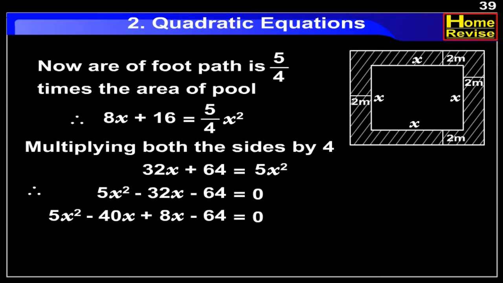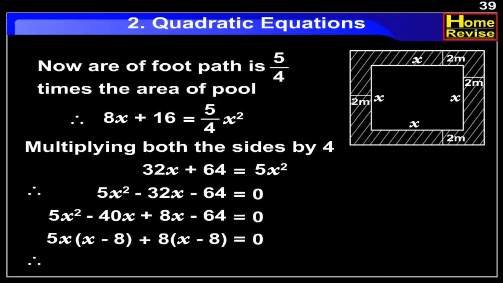Removing 5x common from the first two terms, we have 5x in bracket x minus 8. Taking out plus 8 common from the next two terms, we have plus 8 in bracket x minus 8 is equal to 0.